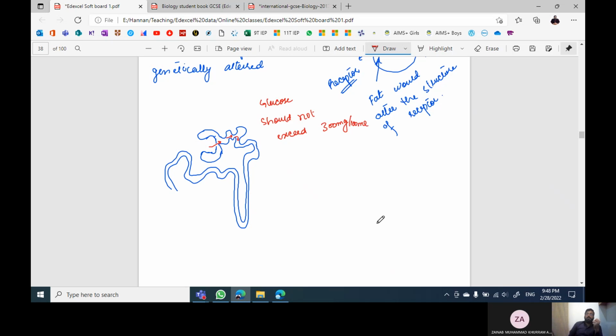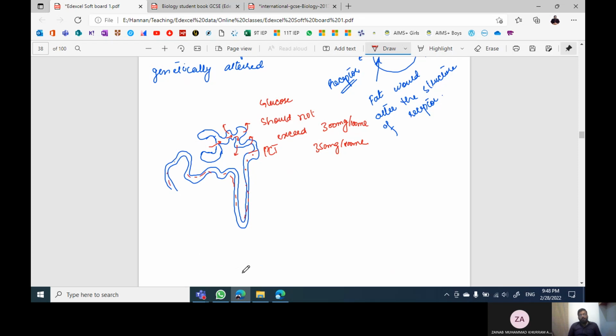This is a huge amount, but it should not exceed. Why? Because the nephron cannot absorb glucose more than 300. For example, if you have 350 milligrams per 100 ml, then much of the glucose would cross the proximal convoluted tubule, and this sugar would start entering into your urine.